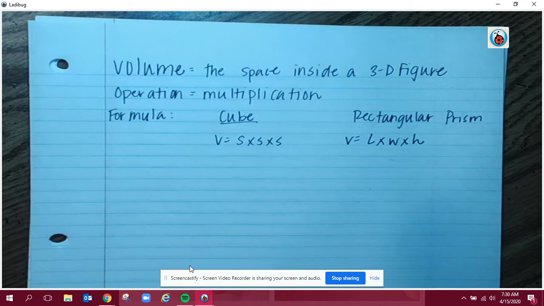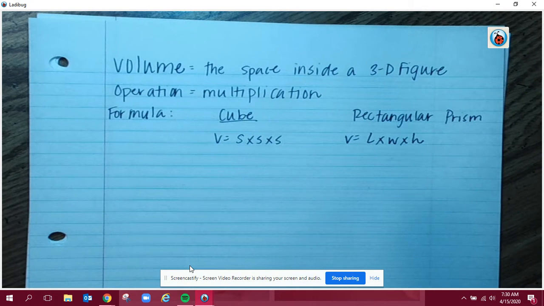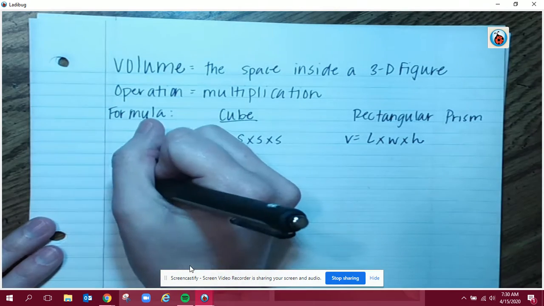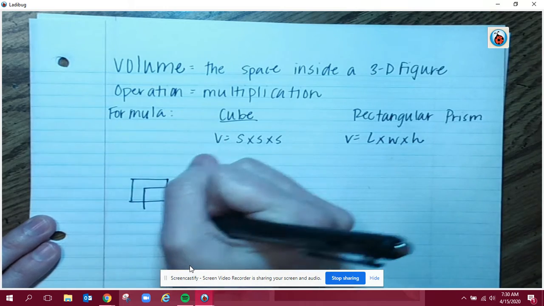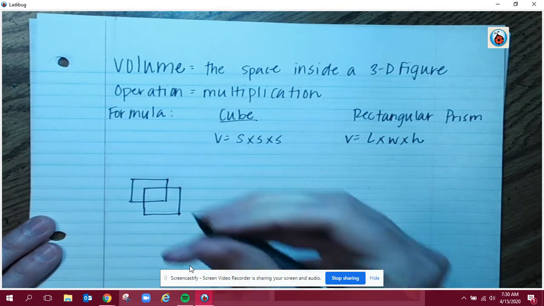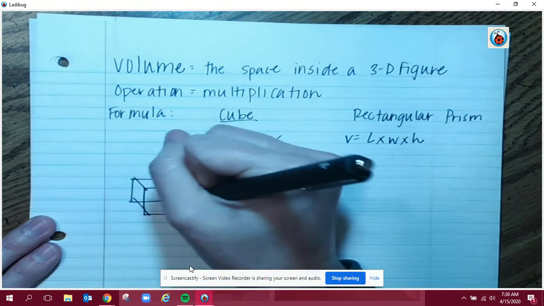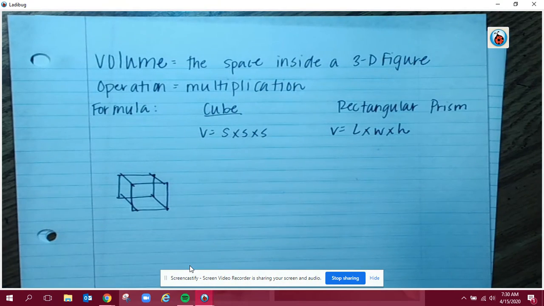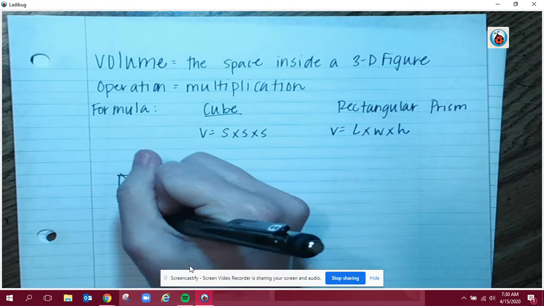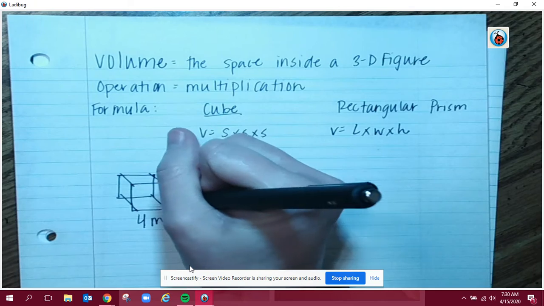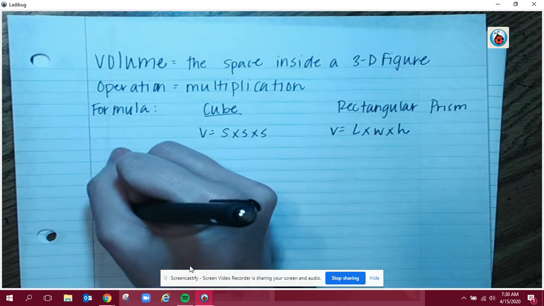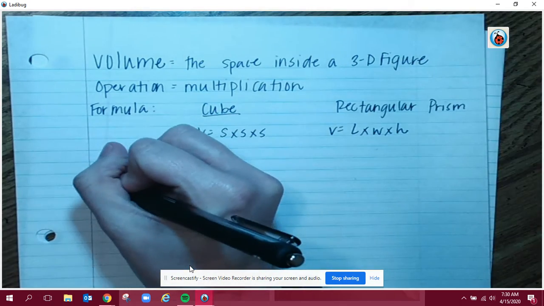Now again, disclaimer, my 3D drawing skills could be better, but here's my cube. Now, instead of me drawing the little boxes, I'm just going to go with my measurements of 4 meters, 4 meters, and 4 meters.